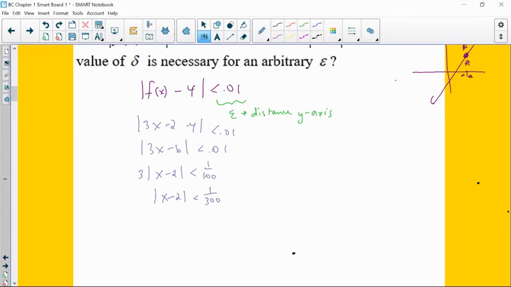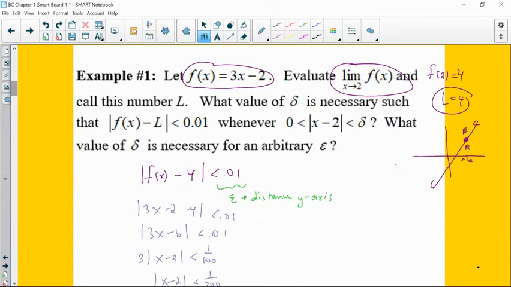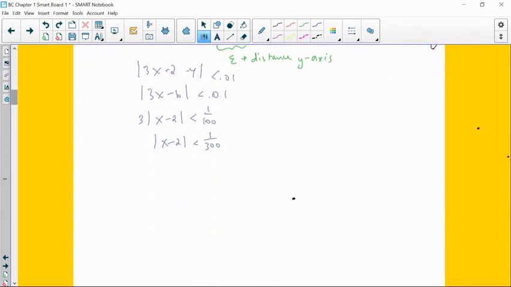The reason I'm leaving this |x - 2| is because that's the characteristic format right here. How far do we need to be away from 2? What distance do I have to be? I can see my distance I have to be away is 1/300th, on either side of 2. If you think about a number line, 1, 2, here's 2.